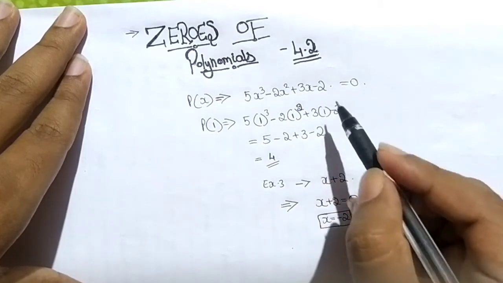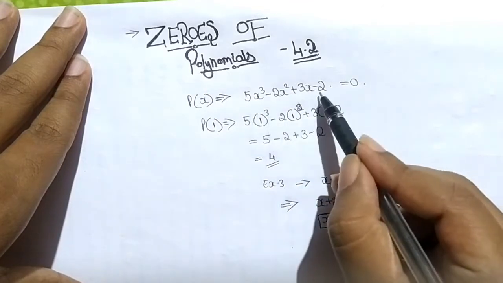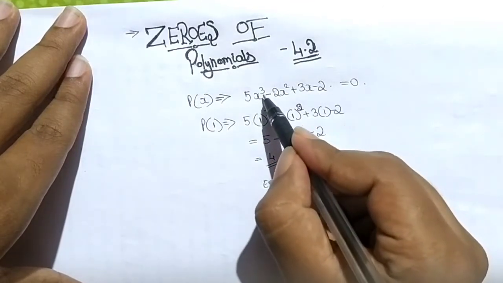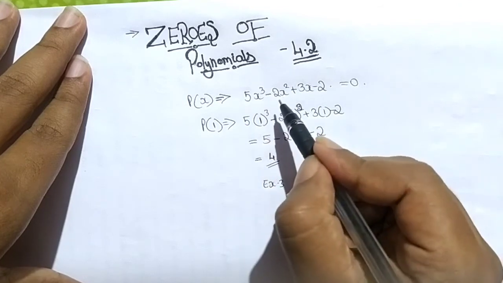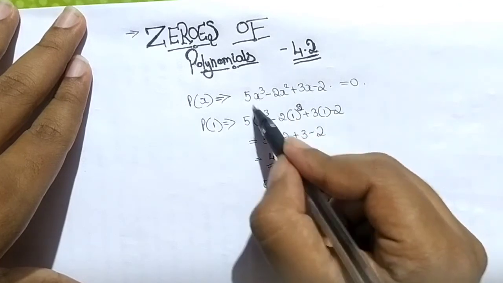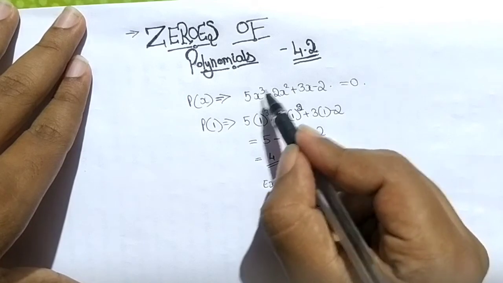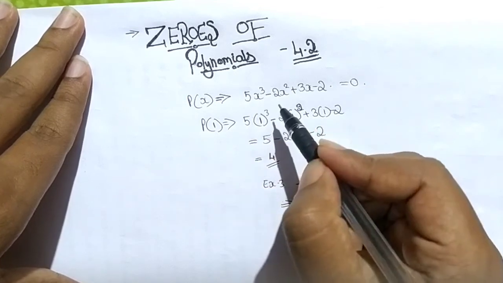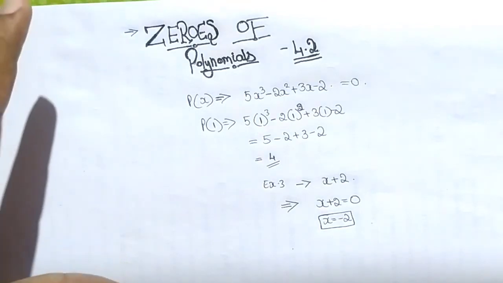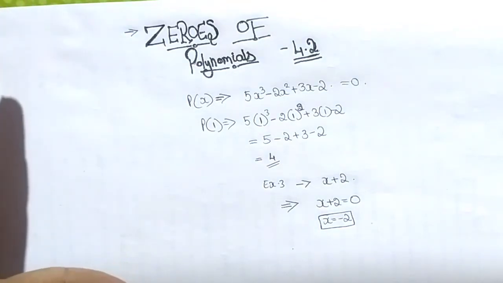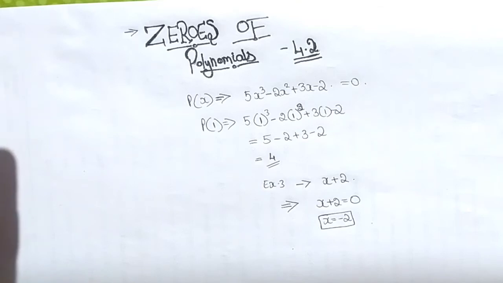Why I didn't find a zero for the earlier equation is that it is of 3-degree form. In order to reduce this to a 2-degree form and then to linear form, you need to go with a process called factorization, or with the remainder theorem.